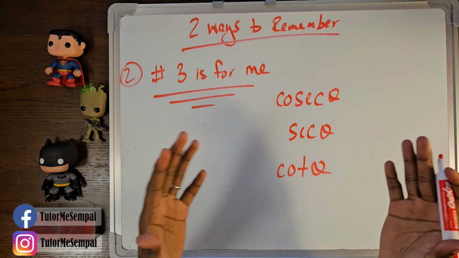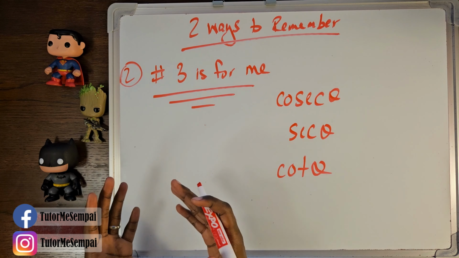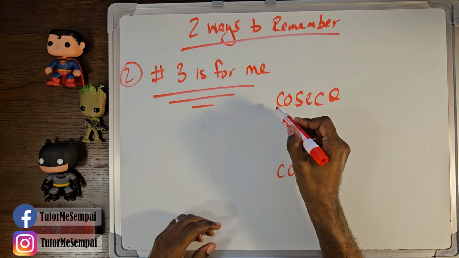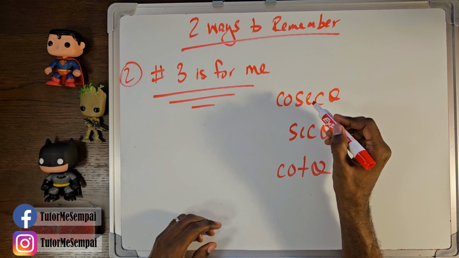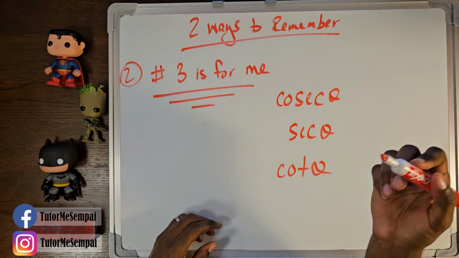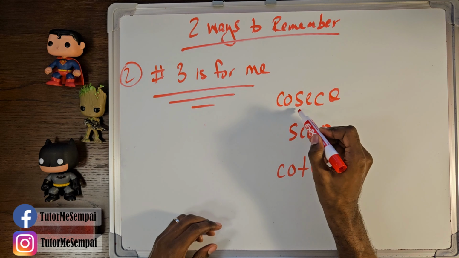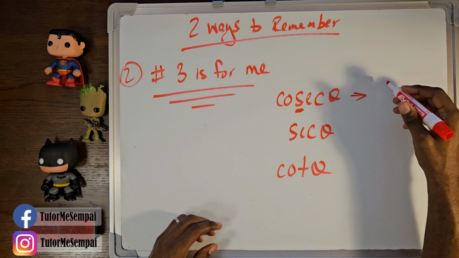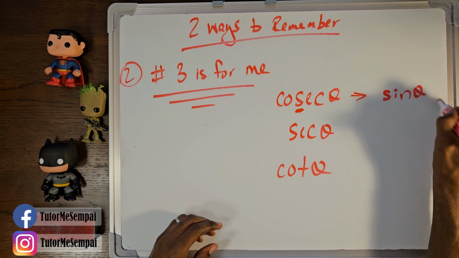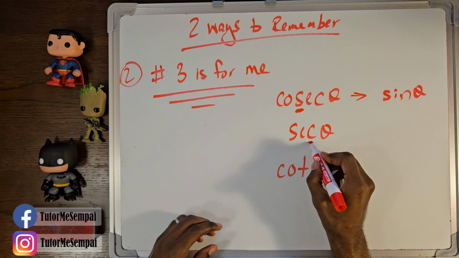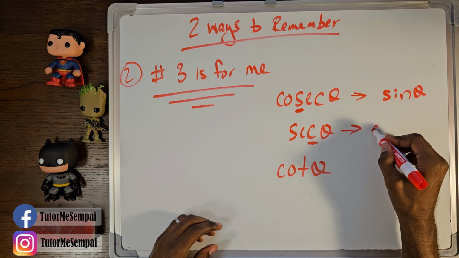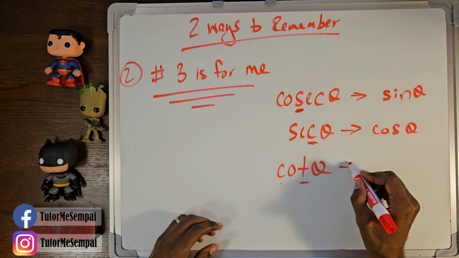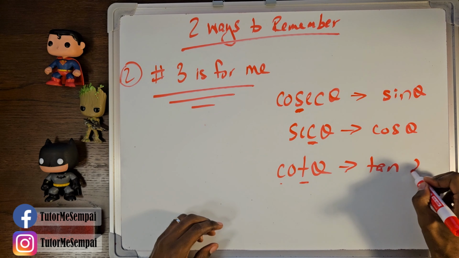Now, you may be wondering, why is this called number 3 is for me? Well, if you look at the third letter going from left to right, that's going to determine which function this is the reciprocal of. So 1, 2, 3, we underline that s, lets us know that this is going to be reciprocal of sine. 1, 2, 3, the c is the reciprocal of cosine, and 1, 2, 3, this t is the reciprocal of tangent.